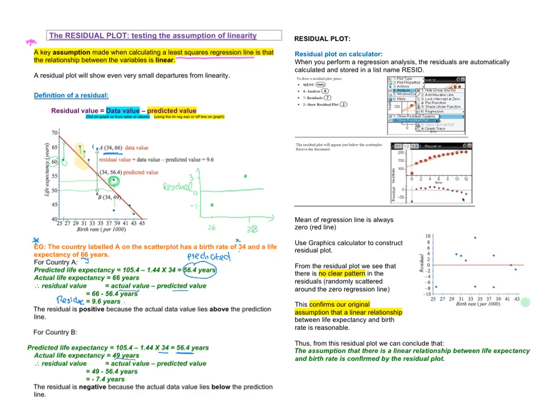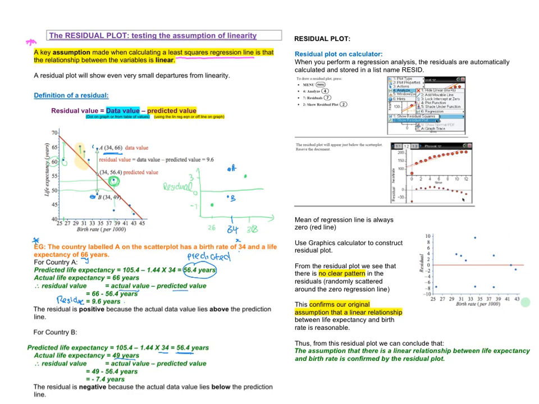So when you work out the residual, it's a negative, and you can see that's why it's down below the line. So there's two other examples. On our residual plot, this would be at 34. We'd have country A up here with a positive residual, and B would be down here with a negative residual.